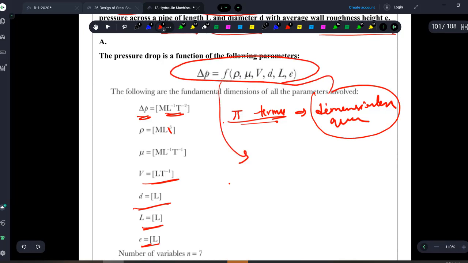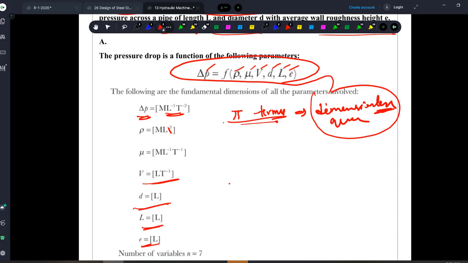Your answer will be 1, 2, 3, 4, 5, 6, 7. 7 minus the independent fundamental quantities involved, M, L, T. So 7 minus 3 is equal to 4. Like that also he can ask you a question. The answer will be 4. You have to tick the right answer. So pi terms are nothing but dimensionless quantities. Very important, dimensionless quantities. Remember this.